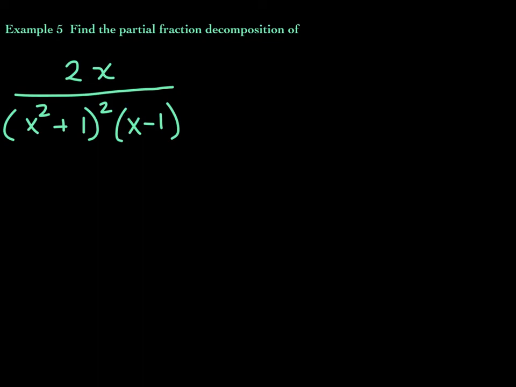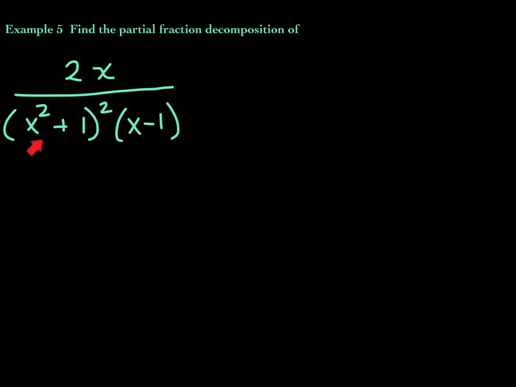But anyway, it's proper. Step 2 is to factor your denominator, but it already is. x minus 1 is factored, and x squared plus 1 quantity squared is already factored as well. You cannot factor this any further, so that's good. So we move to step 3, and we want to write this out as the following. Now notice that this here is a linear factor.